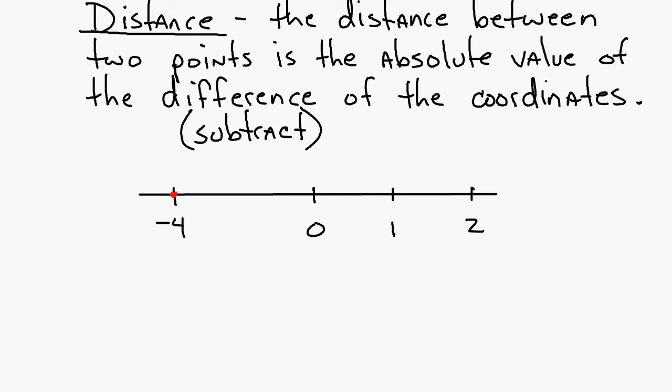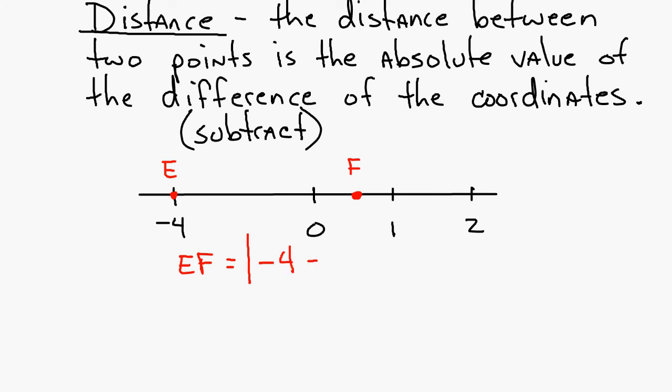So if you've got a point E and a point F, and you're asked to find the length of segment EF, that's going to be the absolute value of the difference of the coordinates. Well, the coordinate for E is -4.